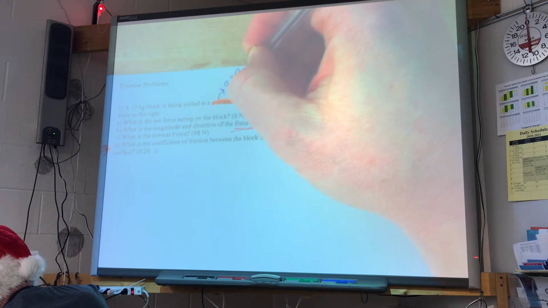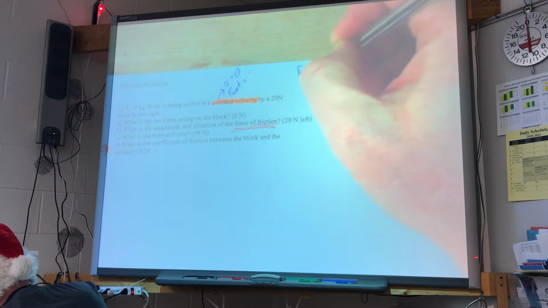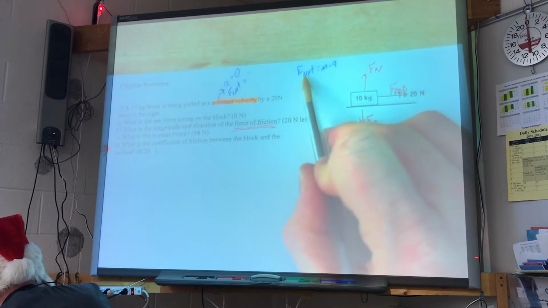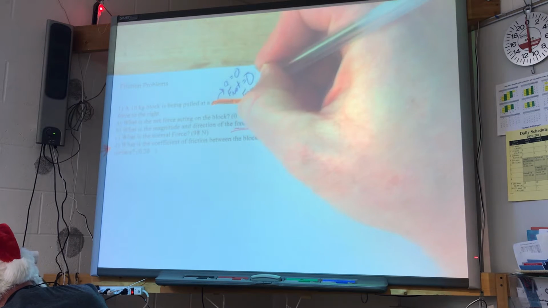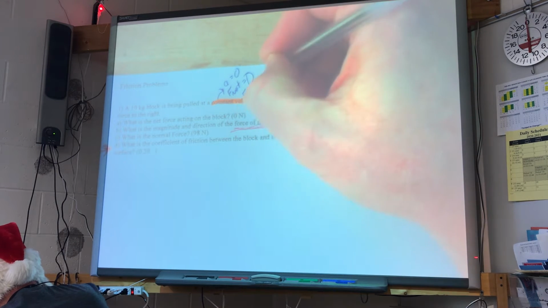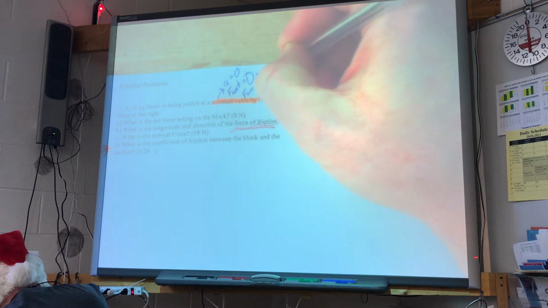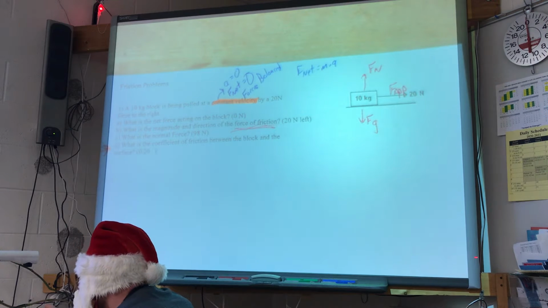Remember, F net equals m times a. So if a is 0, then F net must also be 0. And what's true about my forces? Are they balanced or unbalanced? They're balanced. In which direction are they balanced? X, Y, or both? Both, yeah.